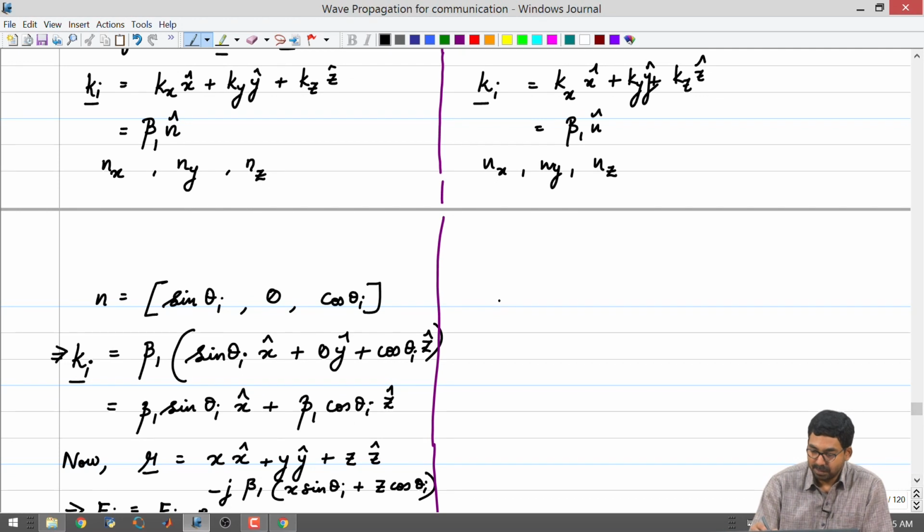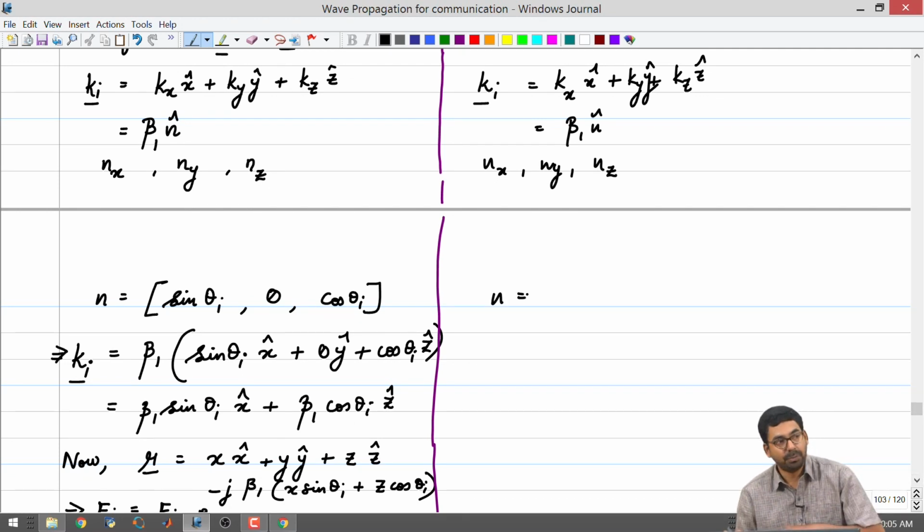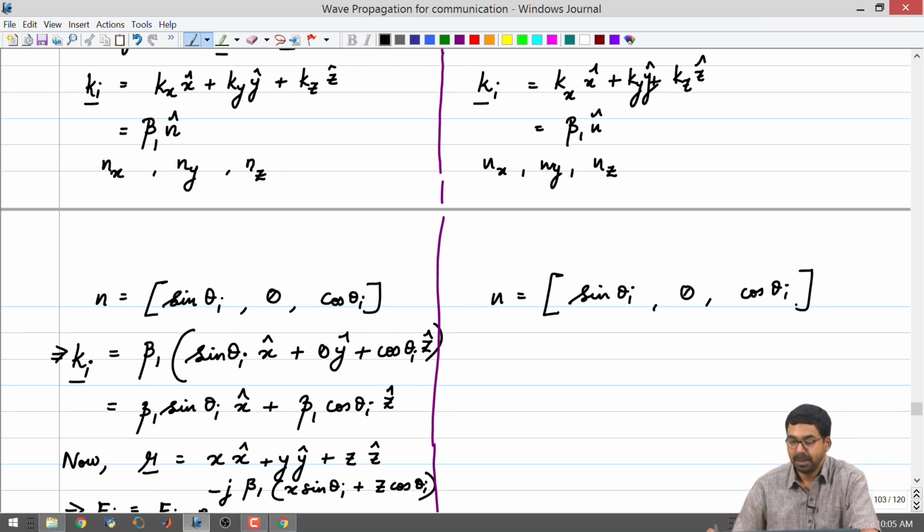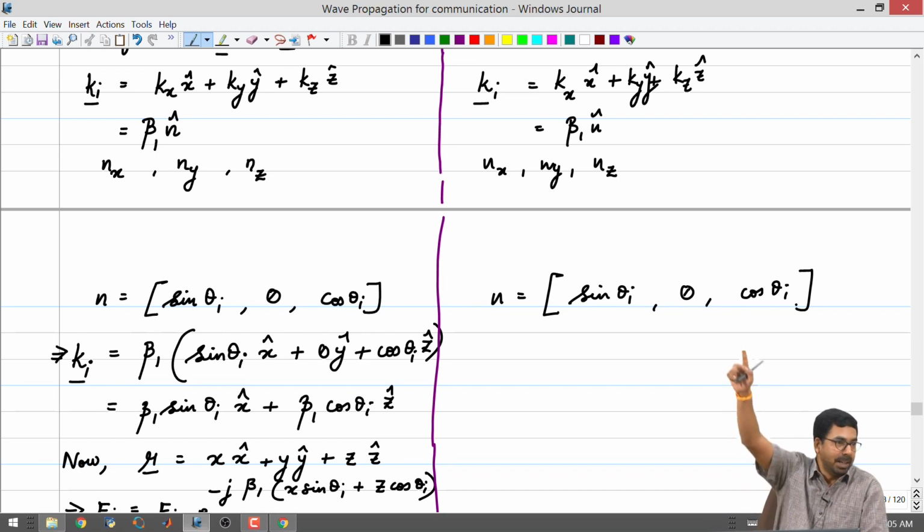So, since everything is identical so far, the components will look exactly the same: sin theta I, 0, cos theta I. Remember that we are resolving the K vector over here. The K vector between the two different polarizations has not changed. It is the same diagram, it is going in the same direction.